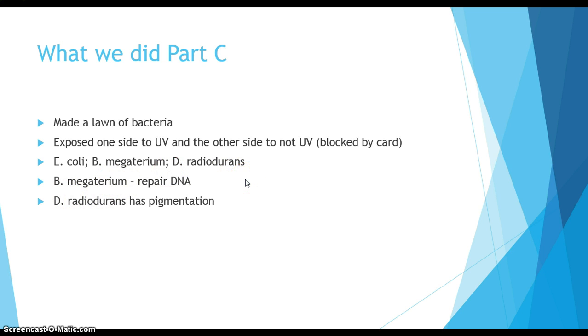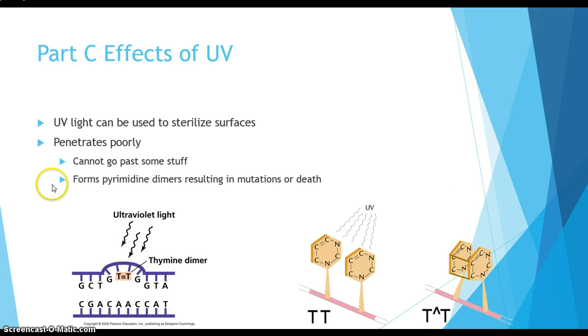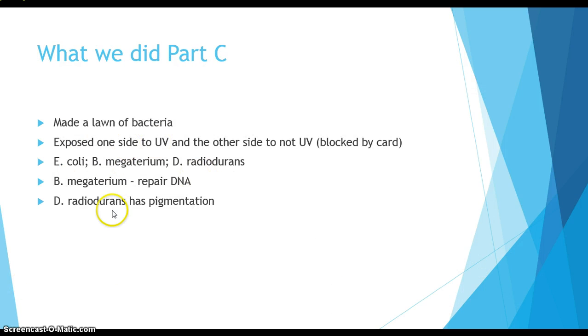And what we found was that the UV light couldn't penetrate past this card because it has poor penetrating ability, so it didn't actually get to those bacteria, while it did get to the ones that were just open and exposed. And so the big result here is that Bacillus megaterium, what they do is they repair DNA to survive it.